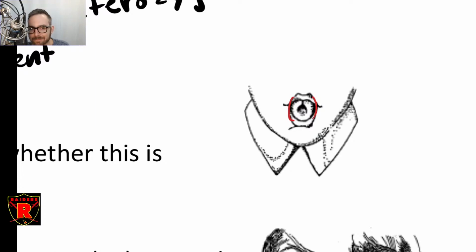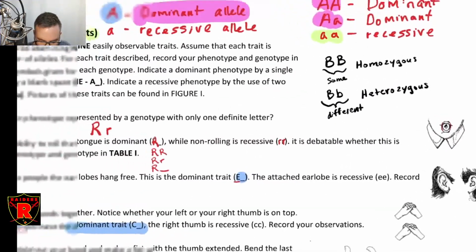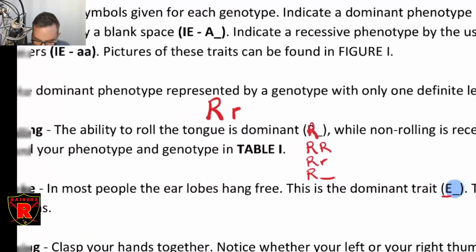I can't do it. I could honestly practice all day. I don't have the muscle that runs this way in my tongue that actually allows me to make this shape with my tongue. And that muscle, whether or not you have it, is a Mendelian trait. Okay. So tongue rolling is actually a dominant trait.